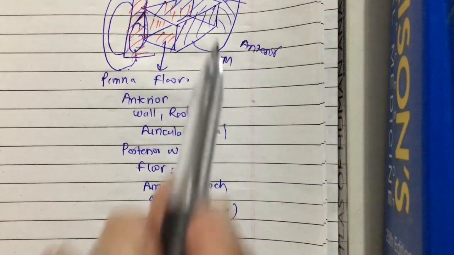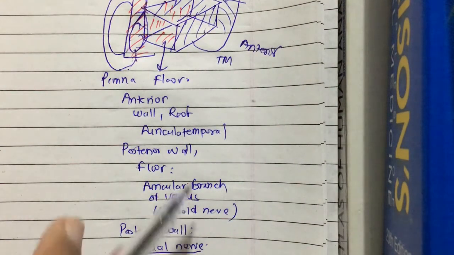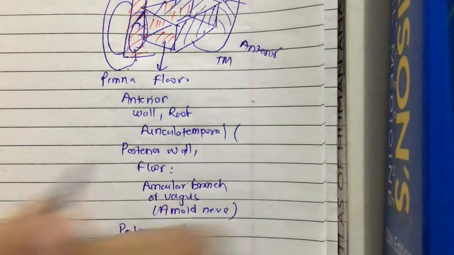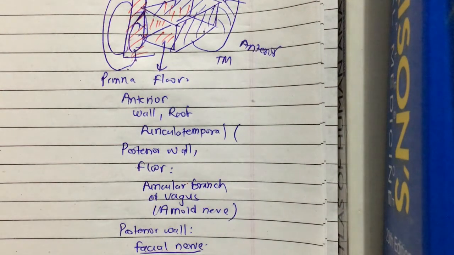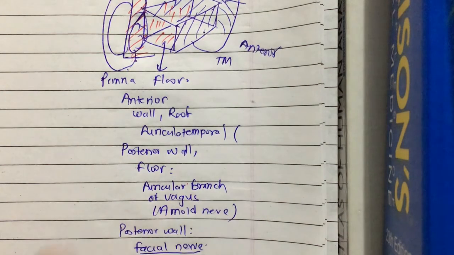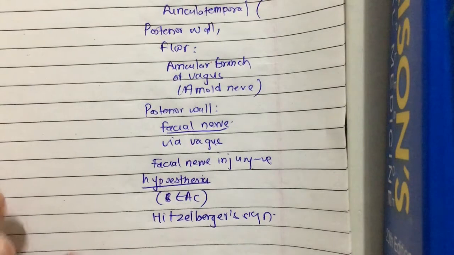So the anterior wall and the roof are supplied by the auriculotemporal nerve, which is a mandibular branch of the trigeminal nerve. The posterior wall and the floor are supplied by the auricular branch of the vagus nerve, also known as Arnold's nerve, and the posterior wall also receives innervation from the facial nerve via the vagus nerve.